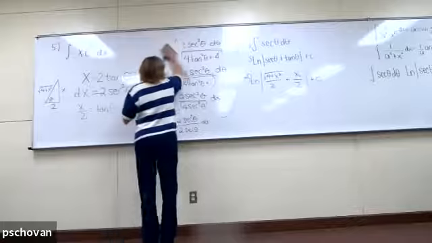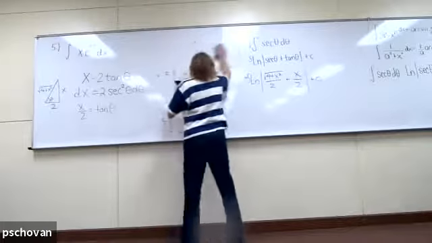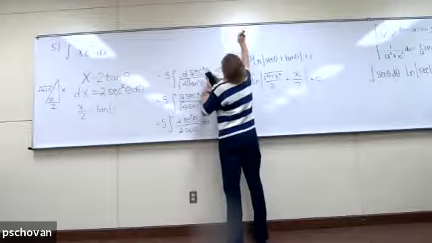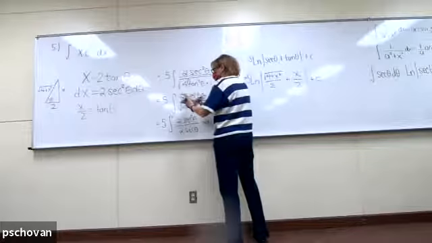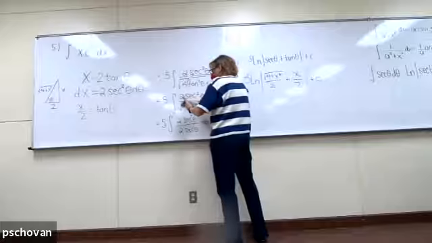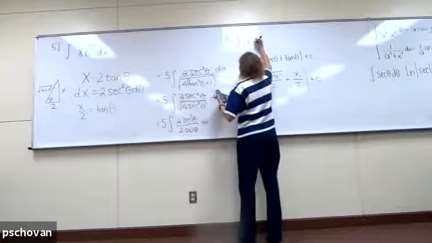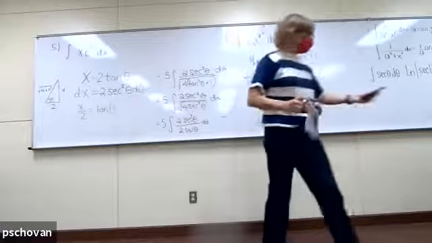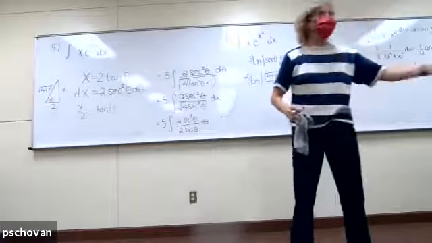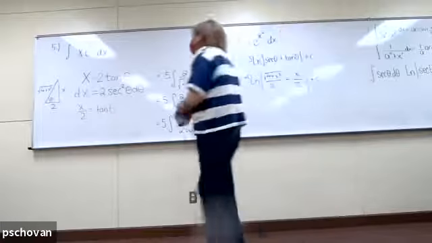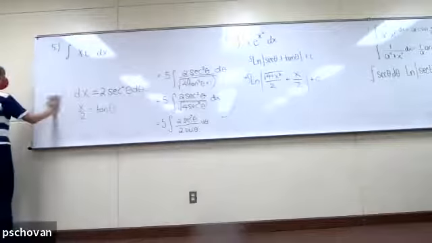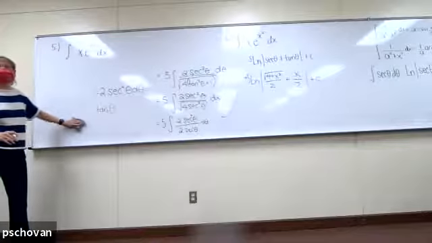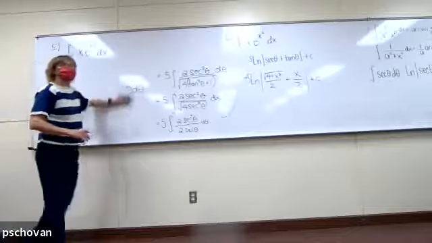And number 6 is the integral of x e to the x squared. Neither of them is very hard, but one of them is easier than the other. Which one's the easier one? I think it's the second one. Why do I think the second one's easier than the first one?